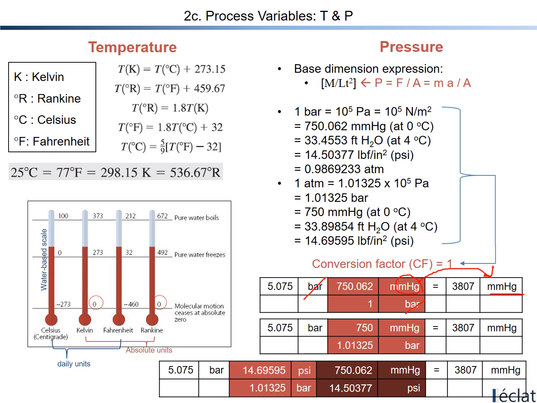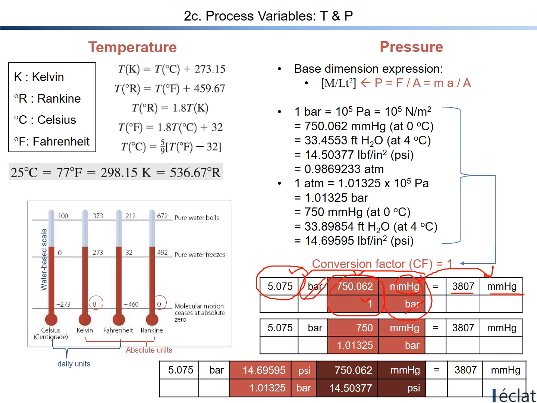And then after calculation of the value, like 5.075 by 750.062 per 1, we have the final answer. What I'd like to emphasize is that, of course, you should calculate the values. However, you should calculate the units.